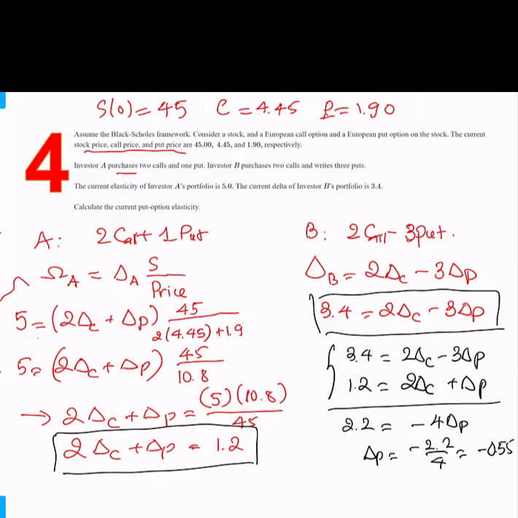So now we go to another stage. We are going to calculate, and we use a different color, the current put option elasticity, that means omega put.